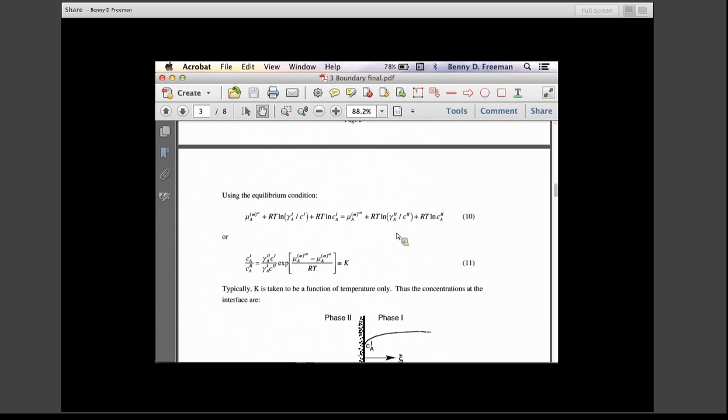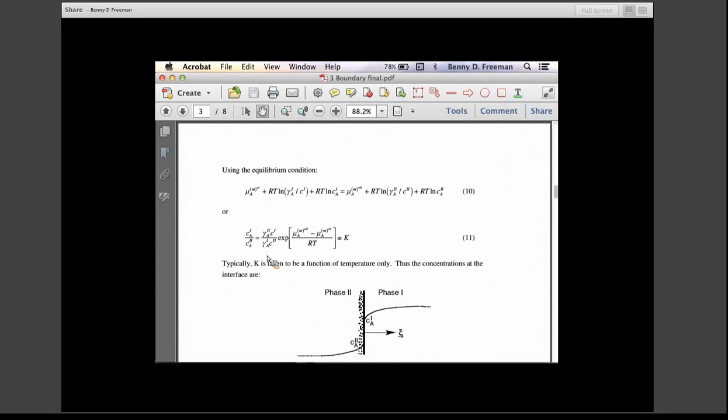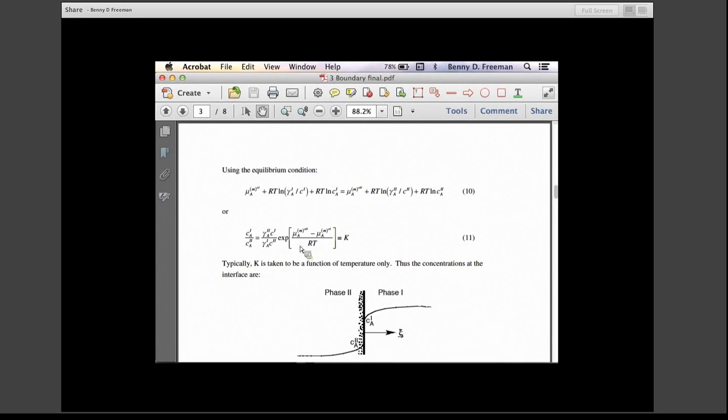And then I calculate from this expression the ratio of the concentration of A at the interface in phase one divided by the concentration of A at the interface in phase two. It has a term that depends on the reference states, the ratio of the activity coefficients, and the ratio of the total concentrations in both phases.